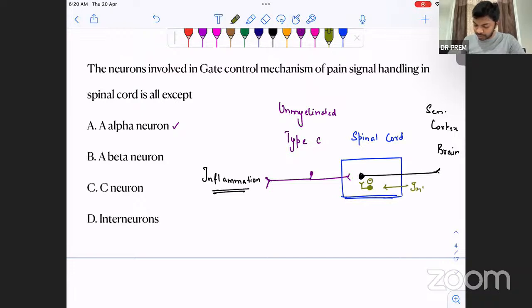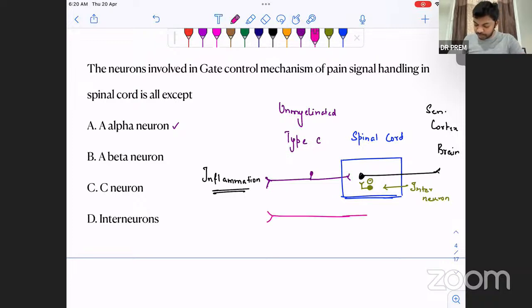This is a very small interneuron, located within the spinal cord. And the job of the interneuron is going to suppress the second order neuron that starts from spinal cord all the way to brain. This interneuron is in turn getting excited by another neuron.